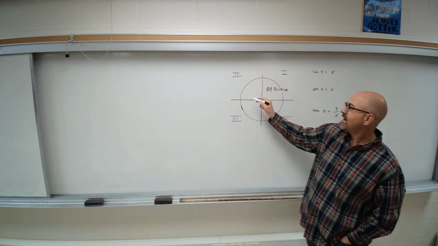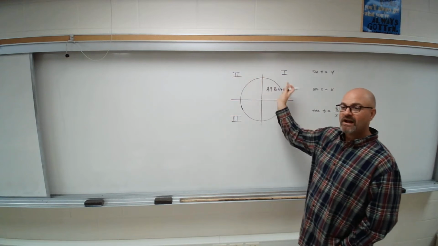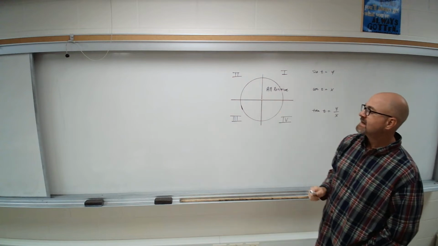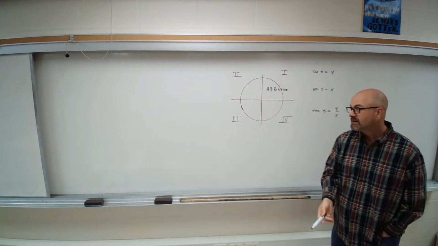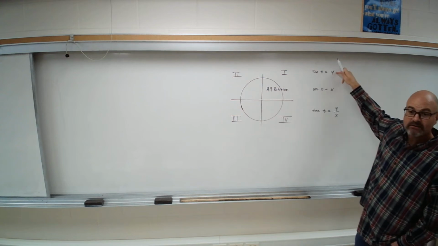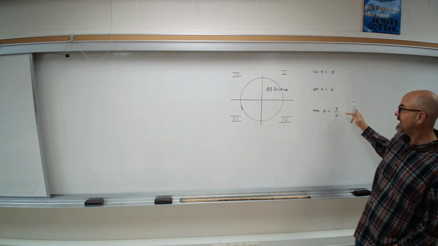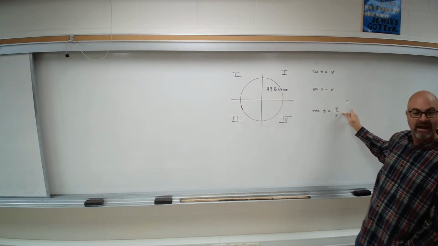But let's look at the second quadrant. Now remember we number them 1, 2, 3, 4 because that's the way the terminal side would open, right? Counterclockwise. So over here in the second quadrant, we know that x is negative, but y is still positive. So sine, still positive. Cosine, negative. Tangent, well, it's a positive divided by a negative, so that'd be negative also.